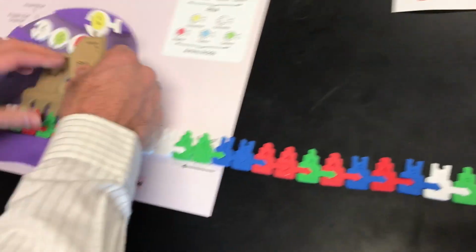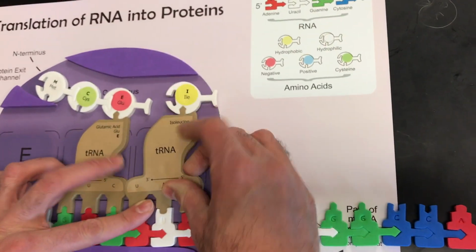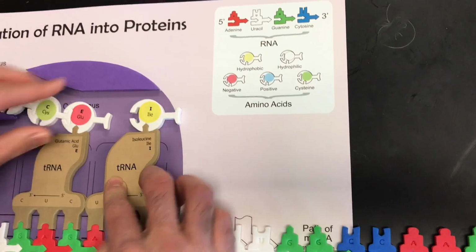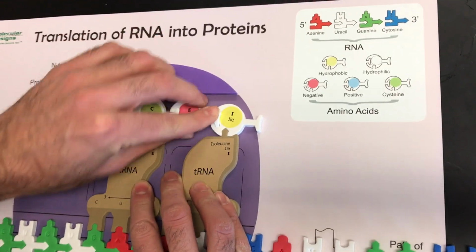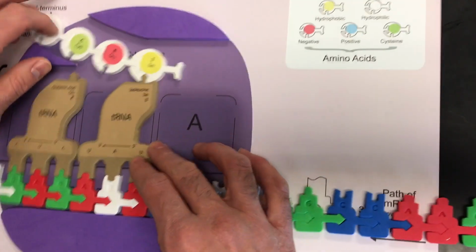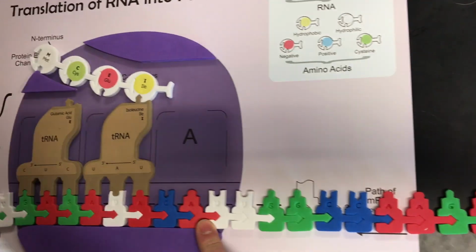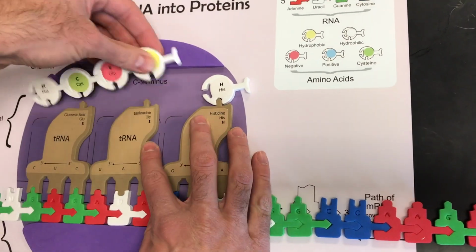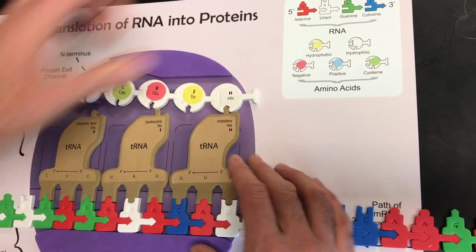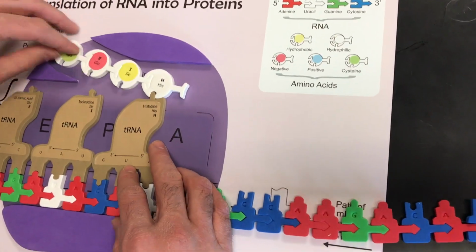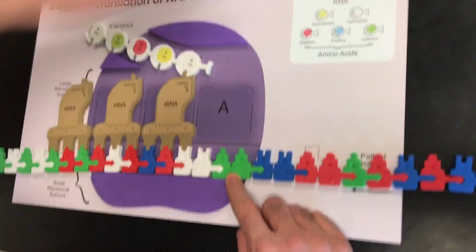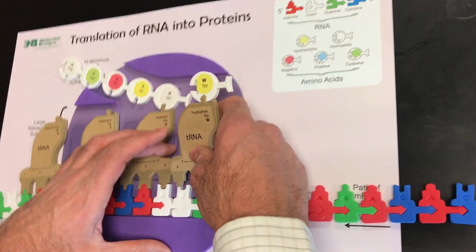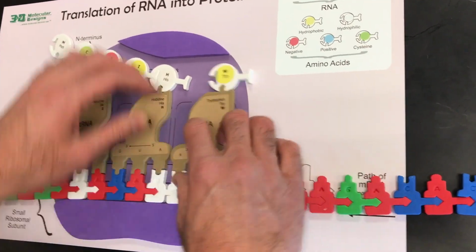So the next one is going to come in, AUA, which codes for isoleucine. That's going to attach. It's going to slide. The next one, CAU, is going to code for histidine. It goes in. It attaches. It slides. The next one, UGG, codes for tryptophan. It attaches.